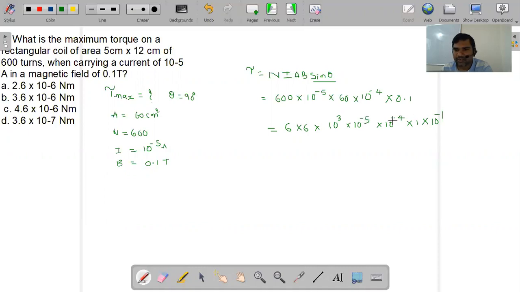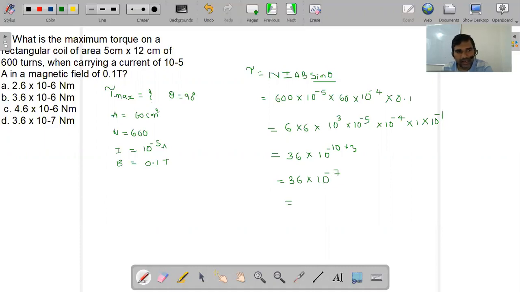Okay, so minus 5, minus 4, it is minus 9, minus 1, minus 10. So 6 6s are 36 into 10 power minus 10 plus 3, which is equal to 36 into 10 power minus 7.